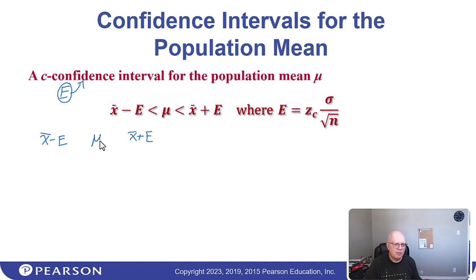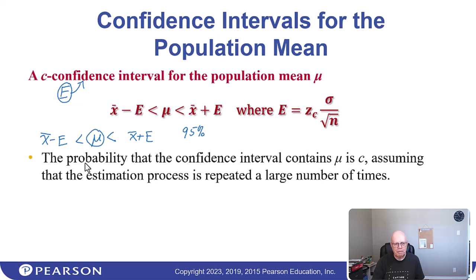And we expect mu to be between these. In this particular case, we're 95% confident that if we did this a lot of times, our confidence intervals would find mu right in the middle somewhere. Now remember, this probability, the 95%, is the number that we would expect if we did it a large number of times. Doing it once, you don't know. It might be a little bit off.